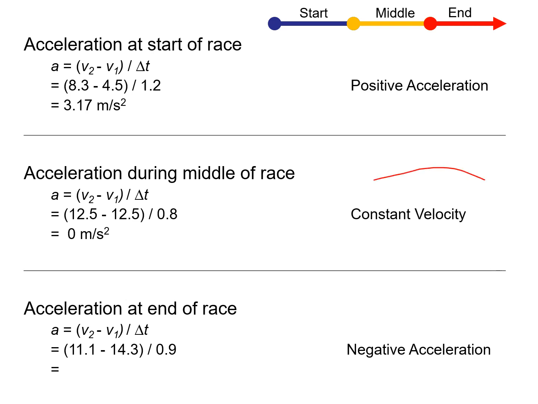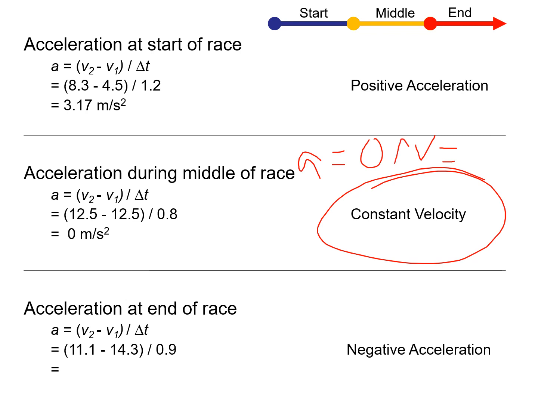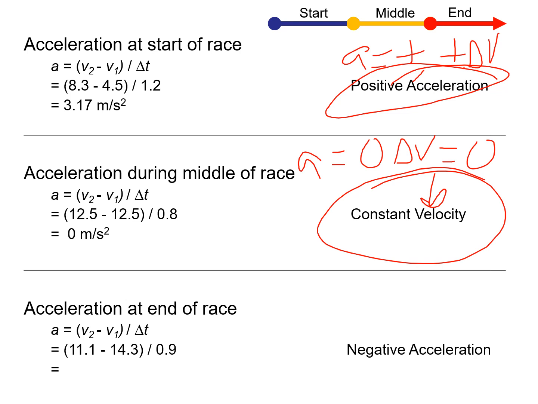We have a constant velocity. So if acceleration is 0, then a change in velocity is also 0. We have a constant velocity. If acceleration is positive, that means we have a positive change in velocity. So we have a positive acceleration.